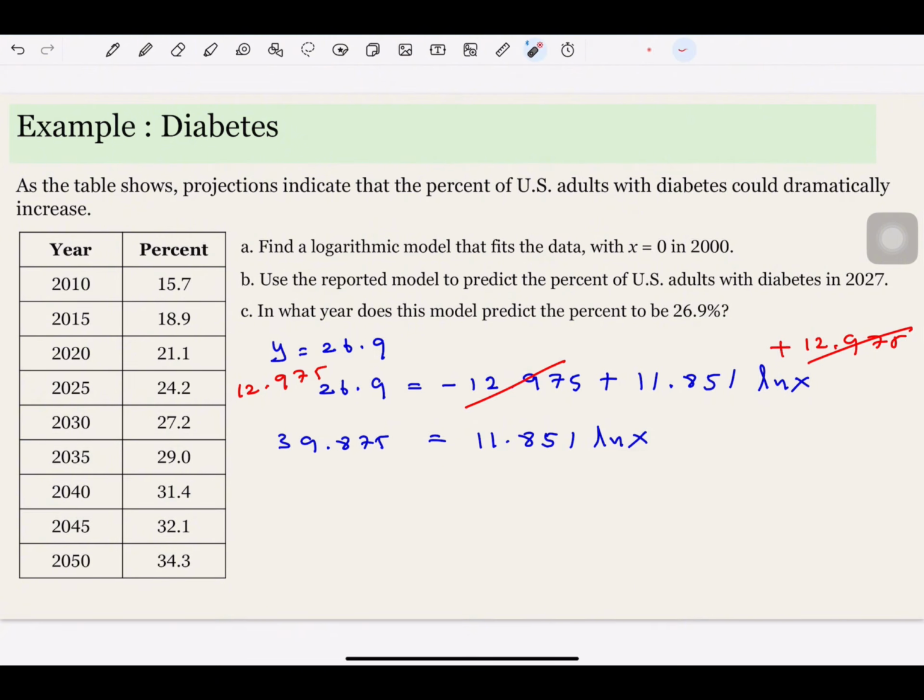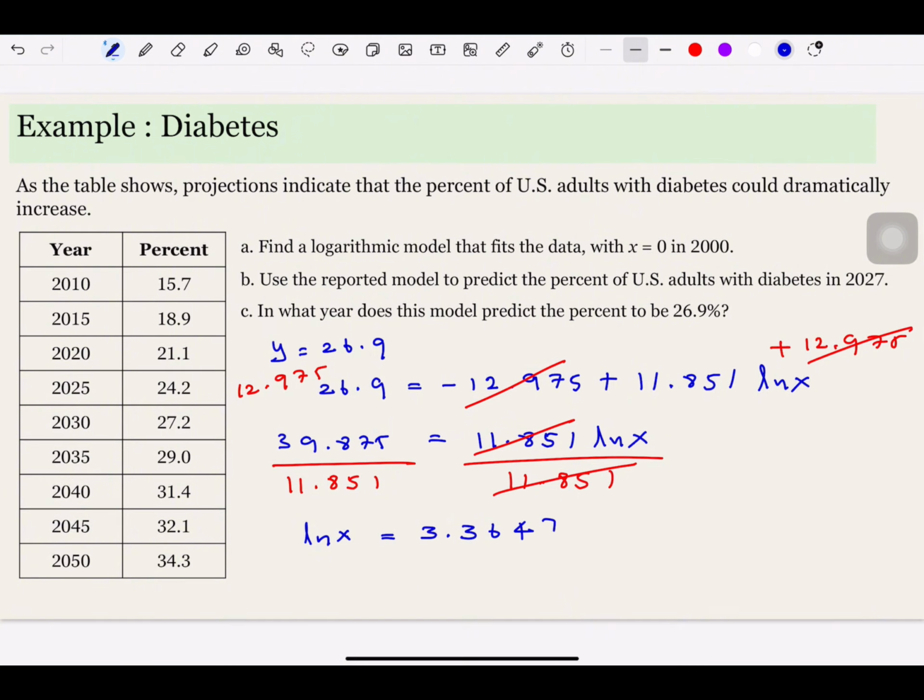Now I need to isolate this term. To do that, I'm going to divide both sides by 11.851, which will make these two terms disappear. And here ln x will be equal to 3.3647. Now you can rewrite this as a power function.